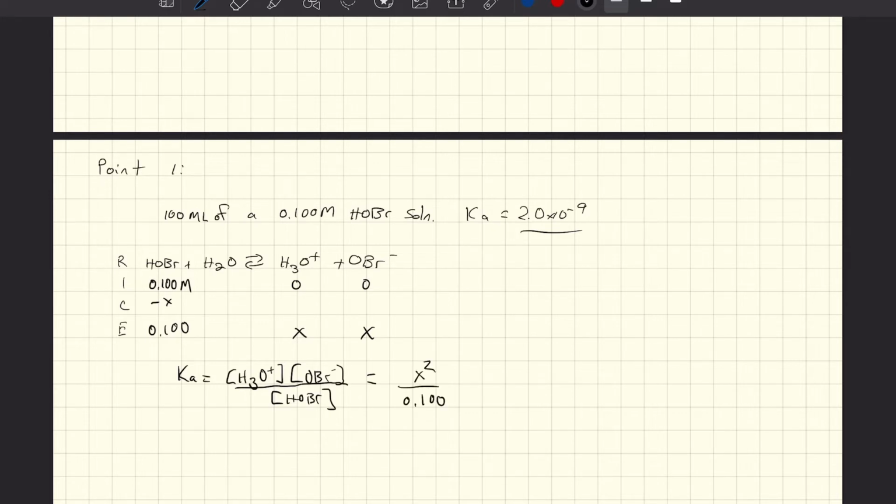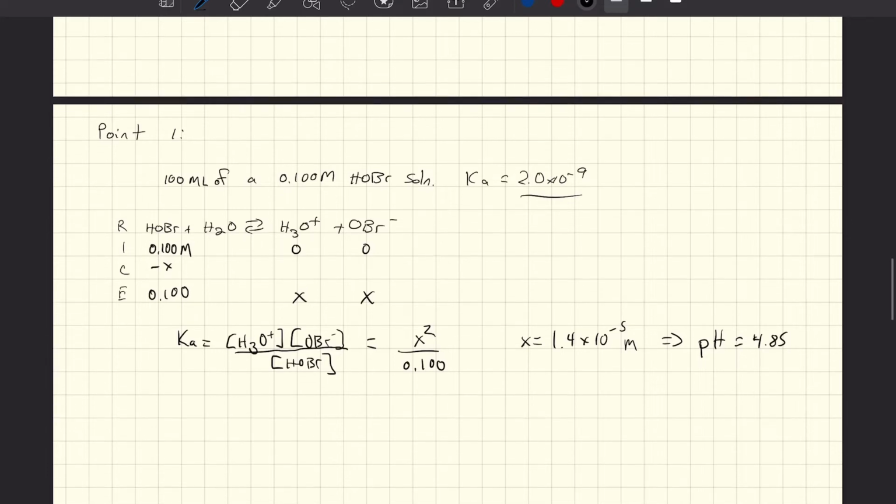So x is 1.4 times 10 to the minus 5 molar, and that in turn gives us a pH of 4.85. You should be pretty good on calculations like that at this point.